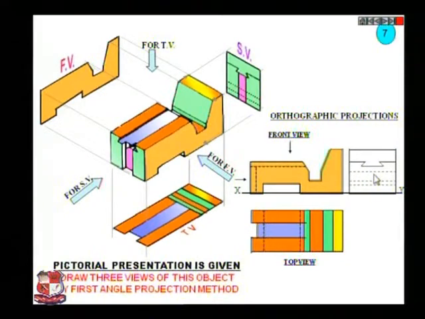It looks like this, and these dotted lines, 1, 2 and 3, represent these inner edges which are not visible in side view: first edge, second edge and third edge. These three edges are drawn in the side view, represented by the dotted lines as shown over here. So this is the left hand side view of this object.